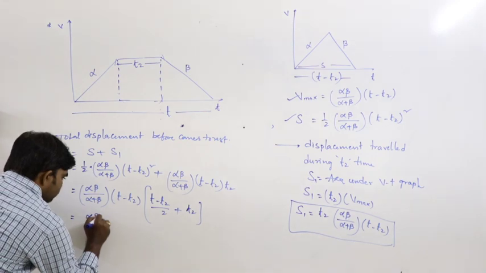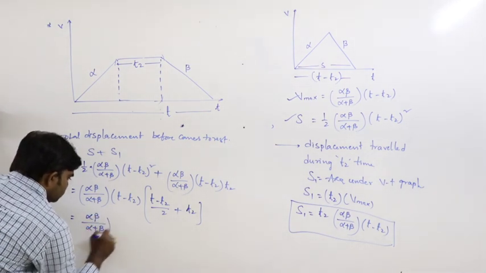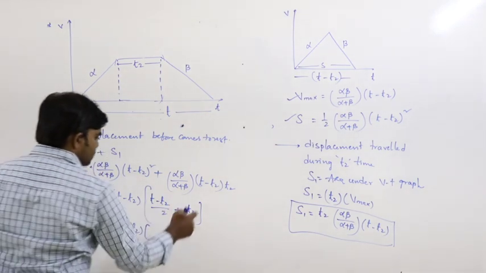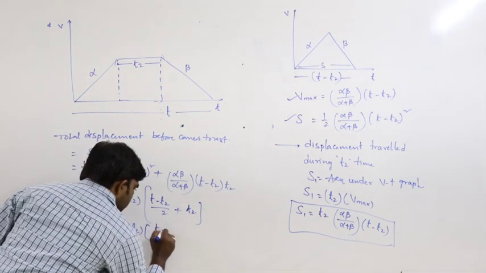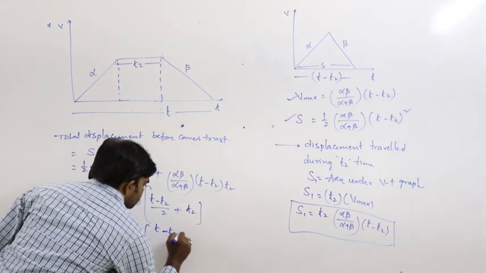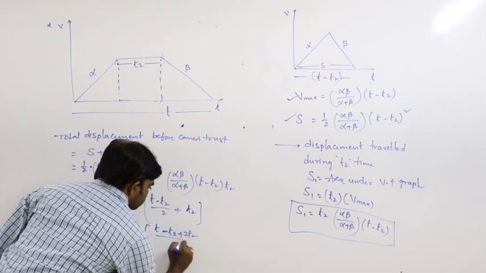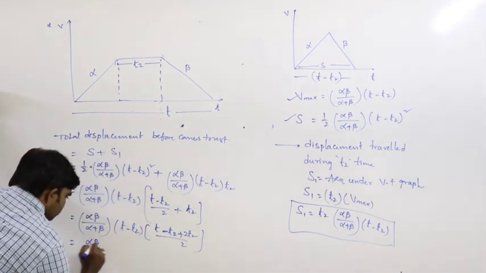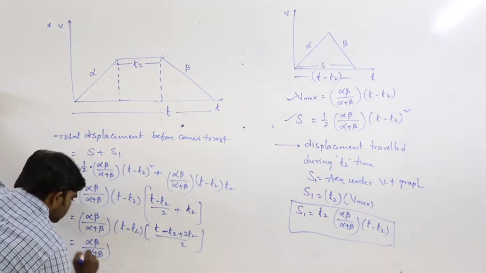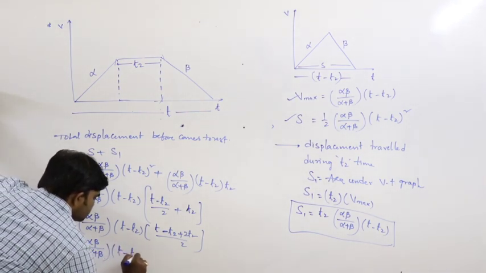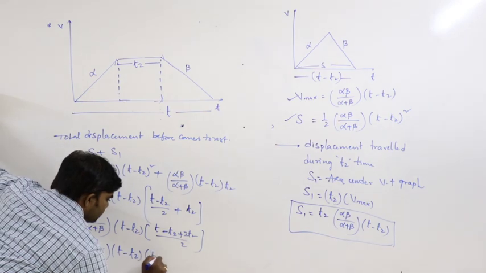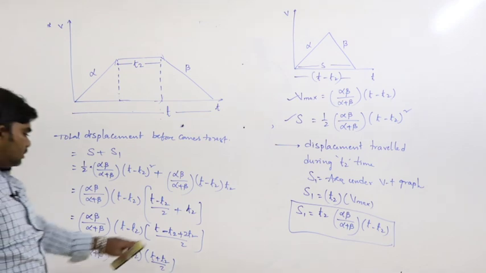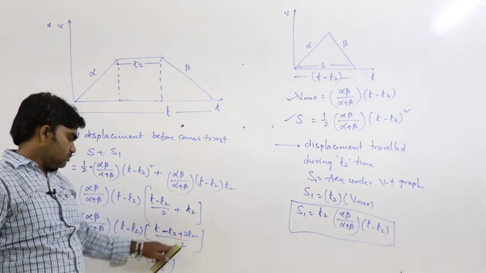That is equal to alpha beta by alpha plus beta into T minus T2 into, with LCM 2, T minus T2 plus 2T2 by 2. Therefore the total displacement is alpha beta by alpha plus beta into T minus T2 into T plus T2 by 2.